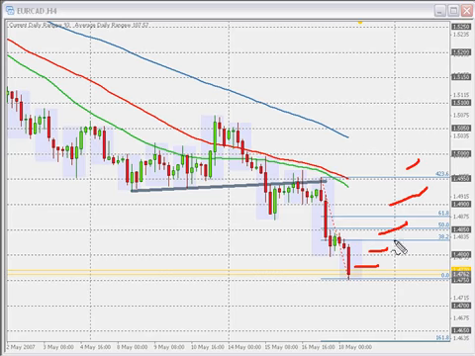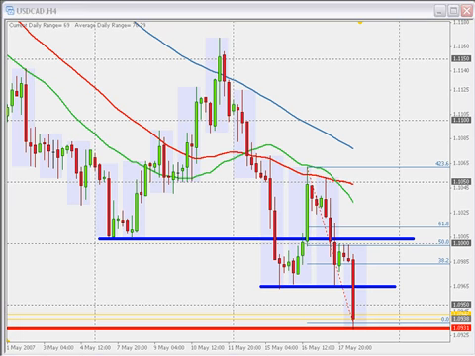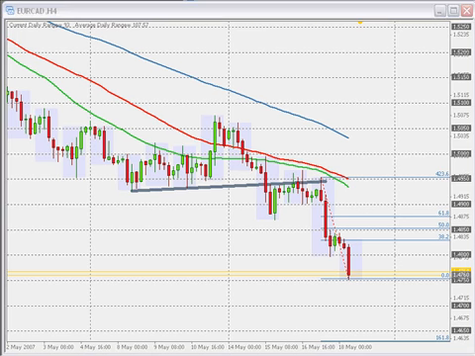I don't know for how long, but until that level on the USDCAD gives way, until we actually reach this 109.31, both the USD Canadian dollar and the Euro Canadian dollar will be banned from my watch list. Well, that was all, guys.